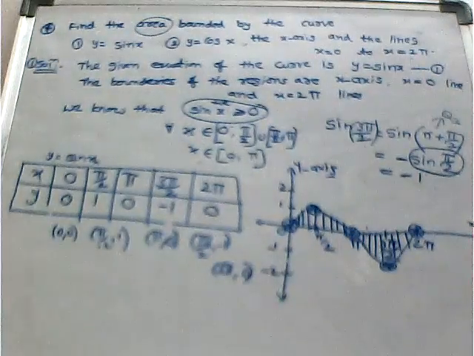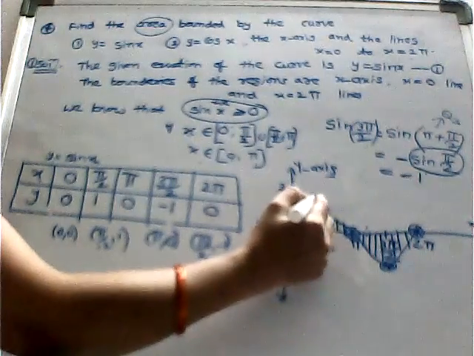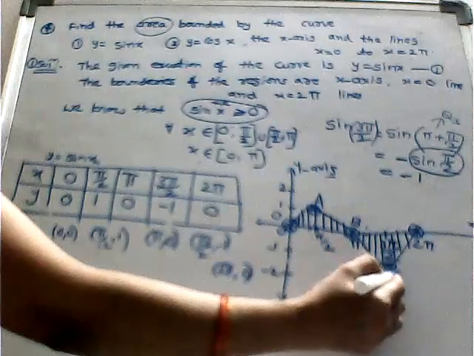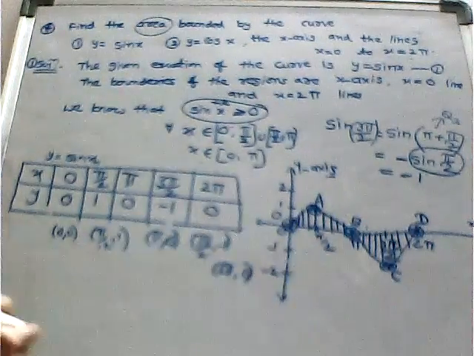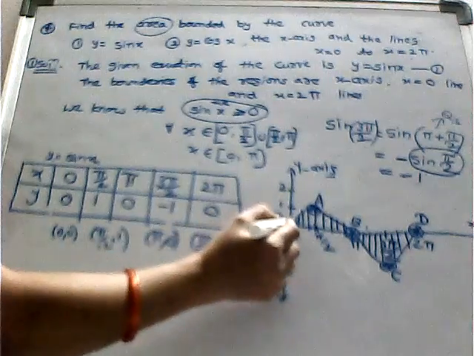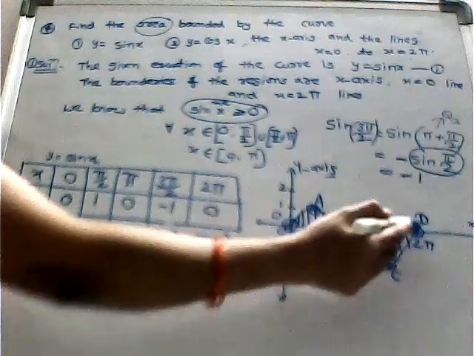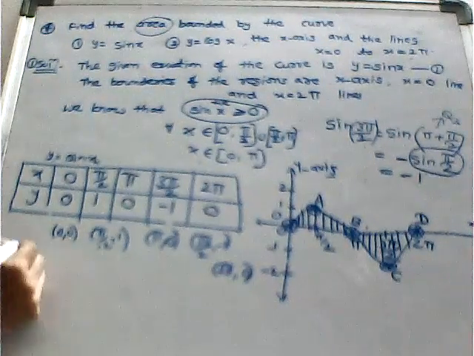Okay. So this is O. Next this point is taken as A. This point is taken as B. Next this point is taken as C, D. Okay. So the required area we get is the OAB area plus the BCD area. So now we can take the required area.